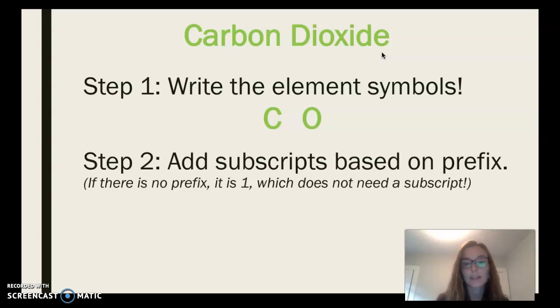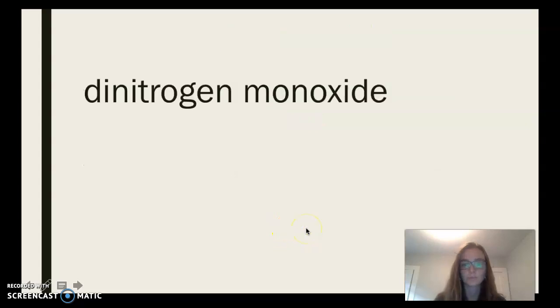So I have C and O. I add subscripts based on the prefixes. Since we have a di, we know that means 2, so we have CO2. Or if we wanted to do dinitrogen monoxide, I would think, okay, I have nitrogen and oxygen. I need 2 nitrogens because it's a di, and 1 oxygen, so it would be N2O.